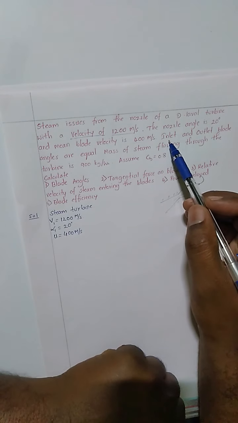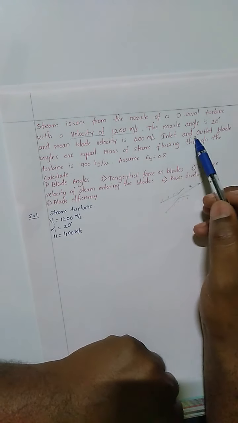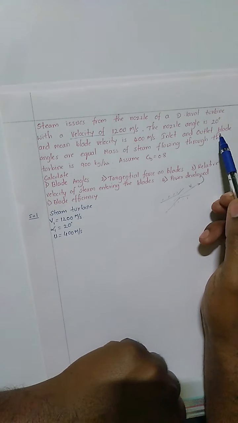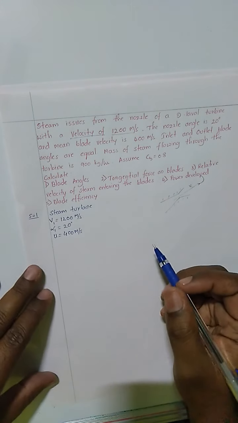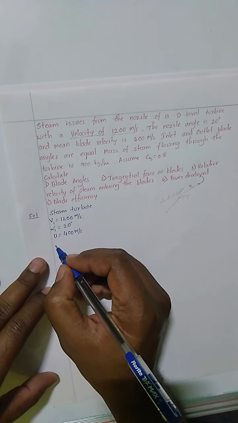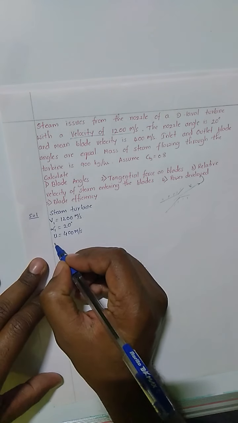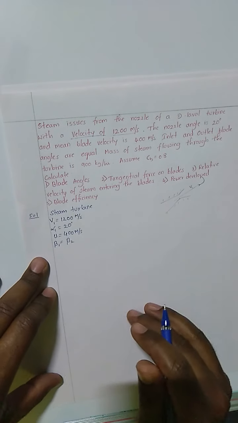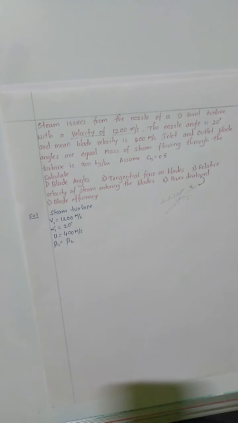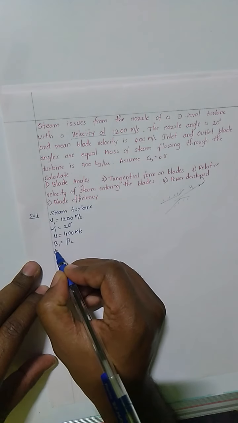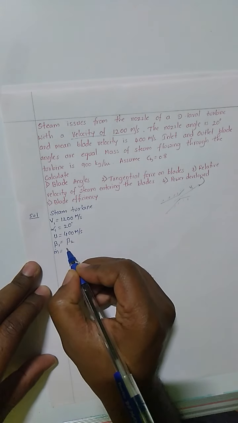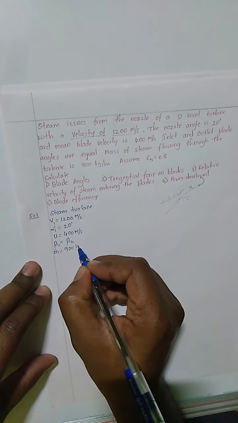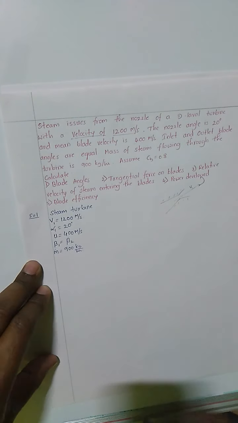Next, what is given? Inlet and outlet blade angles are equal. So what is blade angle? Beta 1, beta 2. So blade angles at the inlet and blade angles at the outlet are equal. Next, mass of steam flowing through the turbine, he has given us the mass flow rate of the steam, that is 900 kg per hour.